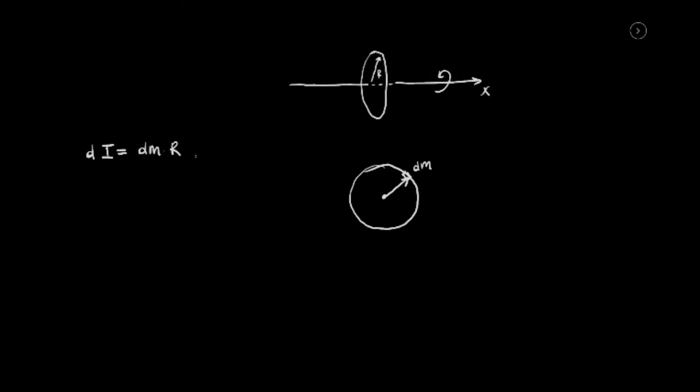If we integrate it, I would be equal to the integral of r squared dm, which, since r is a constant quantity, is r squared multiplied by m. Sorry, so this is r squared. So we get the result m r squared.